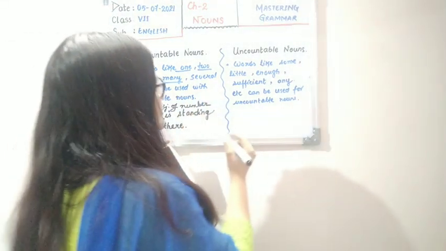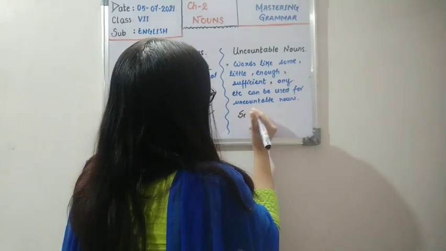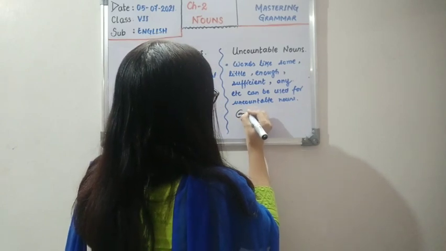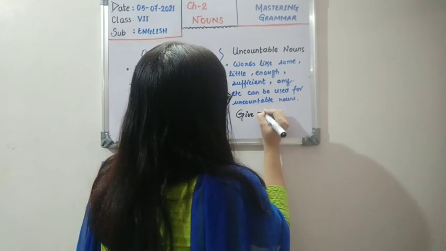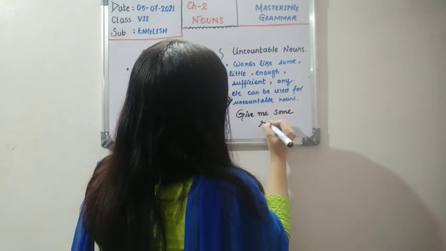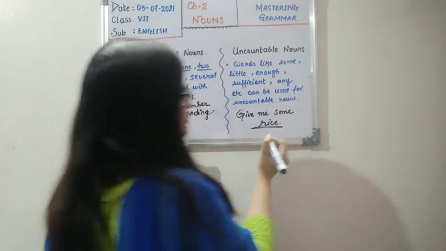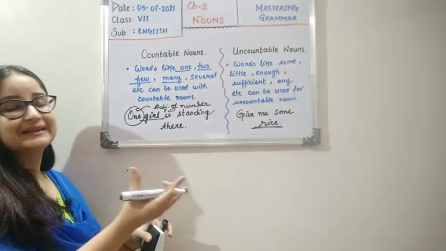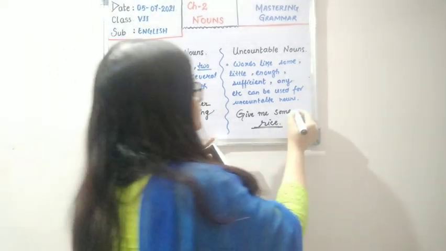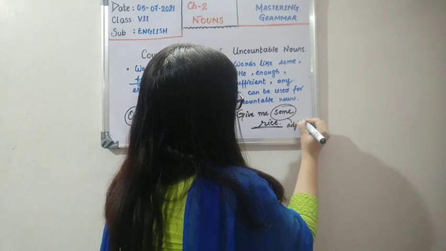For this one children, suppose we are using the word rice: give me some rice. Now rice is an uncountable noun. I told you that it can only be measured, it cannot be counted. So this word some is an adjective of quantity.